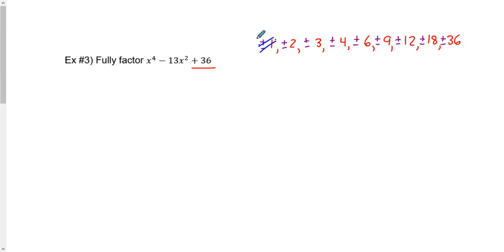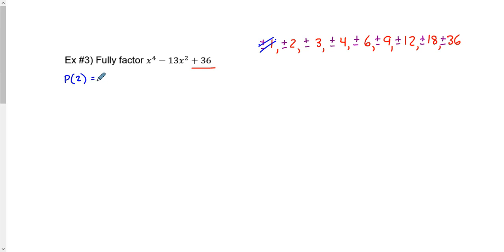What I expect you to do is, if you can do it in your head, great. If you want to do it on your calculator, great. But I expect that you show your work for which ones actually do work. So let's try this. Let's try 2.